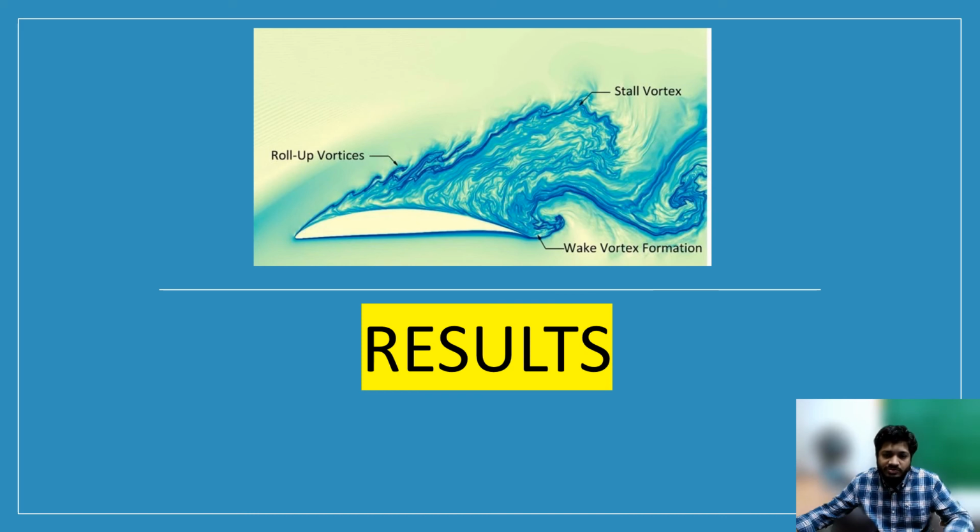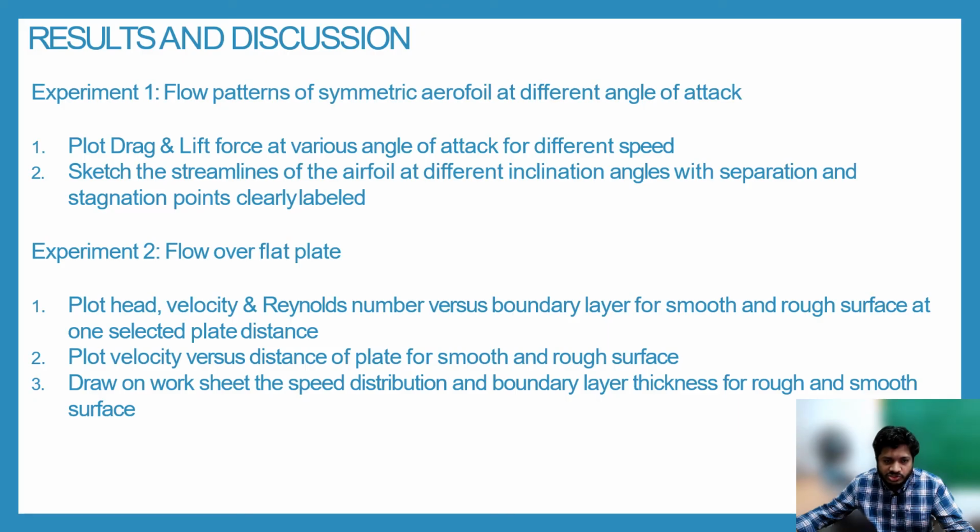So we are going to move on to the results. What should be included in the lab report? For experiment number 1, which is the symmetric airfoil, you have to plot the drag and lift forces at various angles of attack. So you have to plot the forces FD and FL separately with respect to the different speeds.